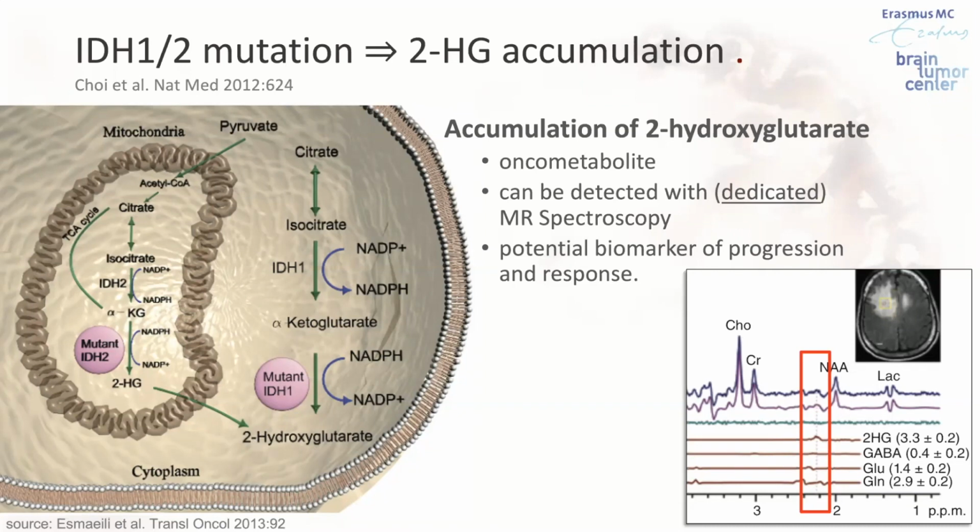This is either cytoplasmic or mitochondrial for the different mutations, and it can be detected with spectroscopy. But like I said, I do not have any personal experience with this. We don't use this, but the results in the literature are very, very good. To my mind, this is a real biomarker where we can measure something clearly related directly to the mutation, and that can be a response marker as well as a progression marker.